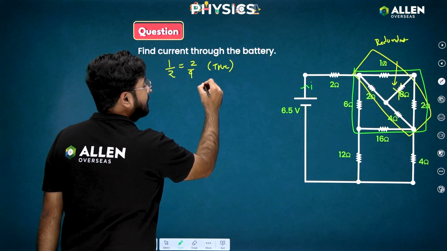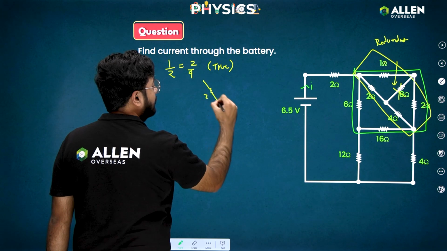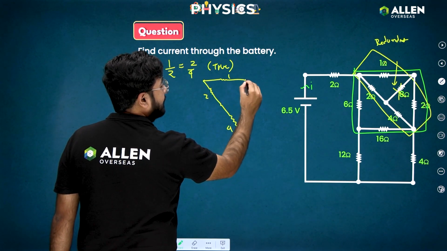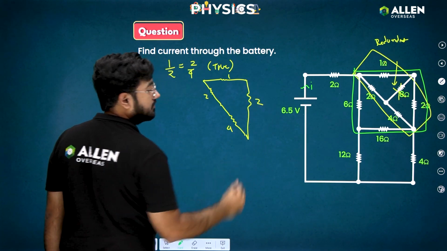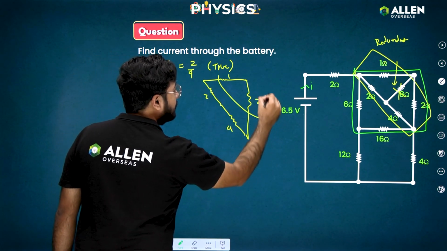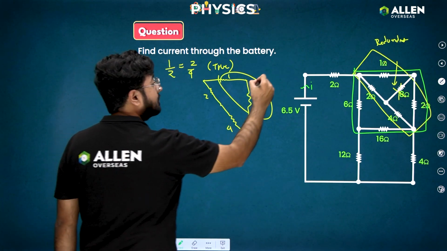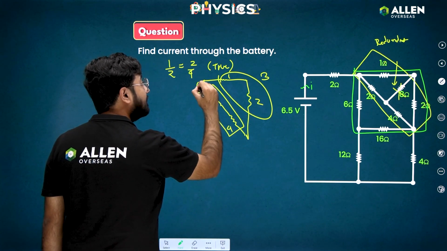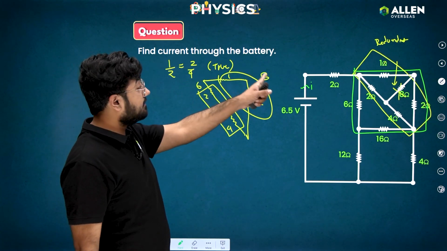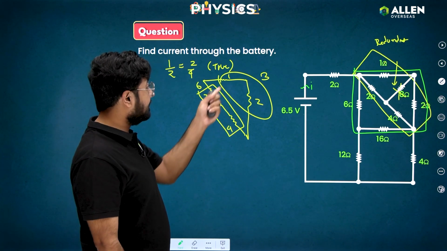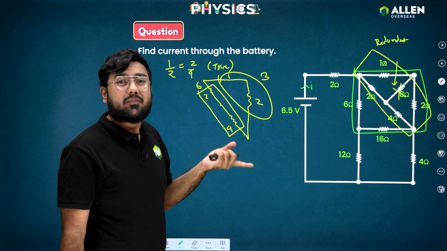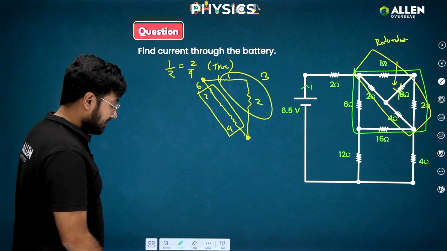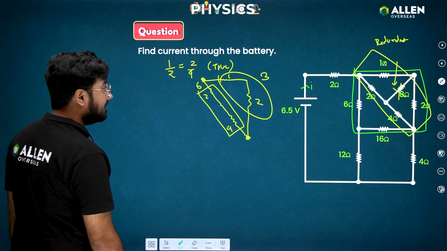Now this circuit is pretty simple. Here you have 2, here you have 4, here you have 1, and here you have 2. These two are in series, so the equivalent is 3. These two are in series, so the equivalent is 6. And this 6 and this 3 are in parallel. They share the same two points, so the potential difference across them will be absolutely the same.